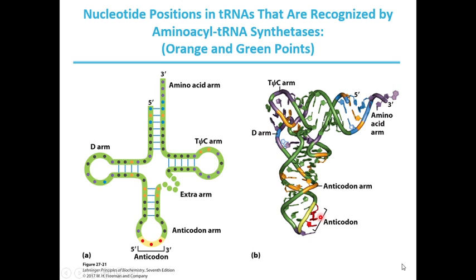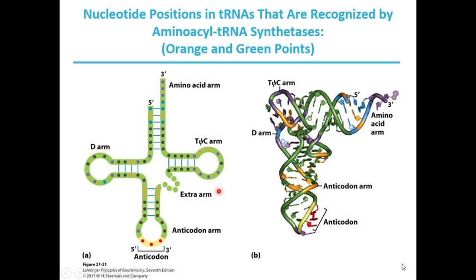Certain nucleotide positions in tRNAs are recognized by aminoacyl tRNA synthetases. Some nucleotides are conserved in all tRNAs, such as these that are shown in black, and they cannot be used for discrimination. By observing changes in nucleotides that alter substrate specificity, scientists have identified nucleotide positions necessary for discrimination by the aminoacyl tRNA synthetases.